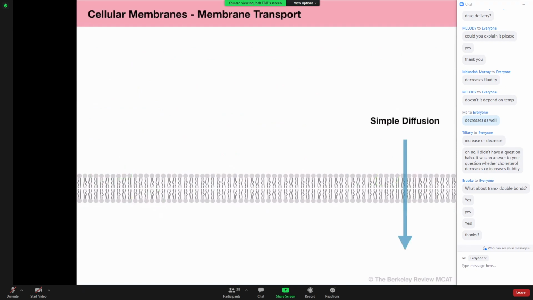Let's talk about the different types of membrane transport. The very basic one would be simple diffusion. This is what happens when small hydrophobic molecules diffuse really quickly. Simple diffusion happens when you go from a high concentration to a low concentration, so you go down your concentration gradient.